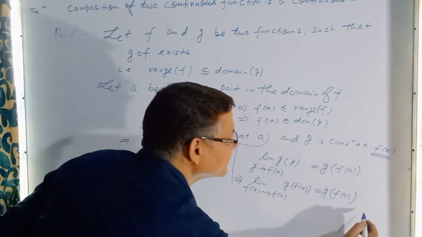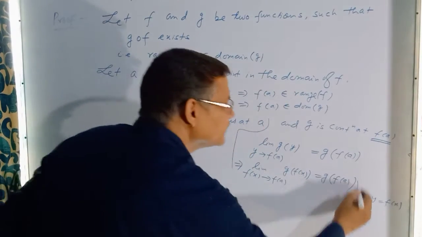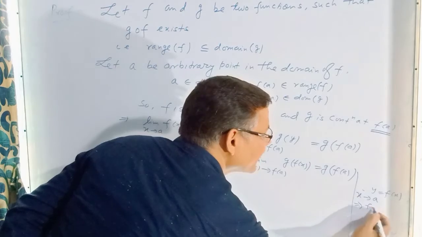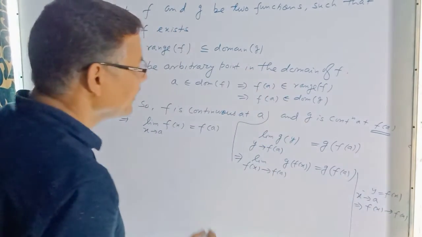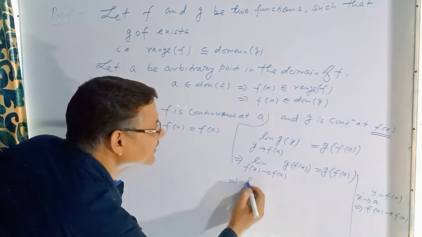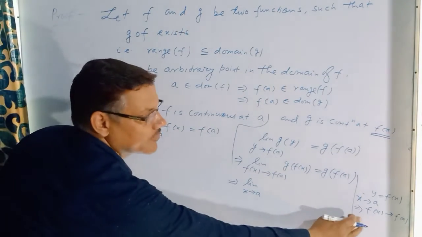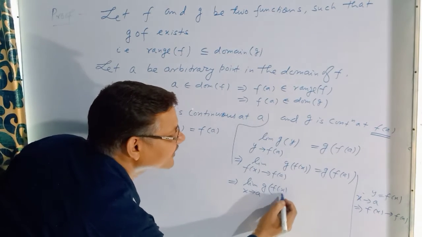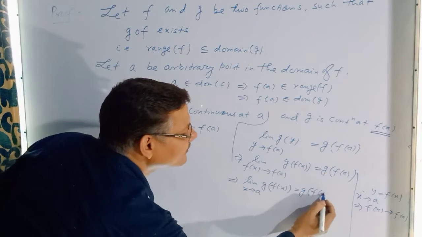Here we write, since y is equal to f(x), also x tends to a implies f(x) tends to f(a). So here we may use, if f(x) tends to f(a), then limit x tends to a. This is the change by this property. Then it is g(f(x)) equal to g(f(a)).